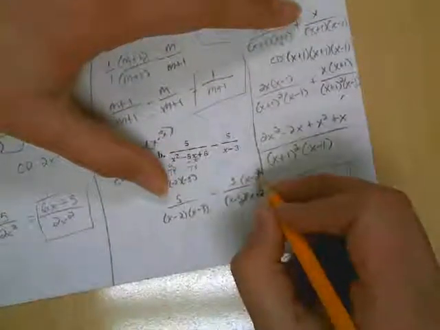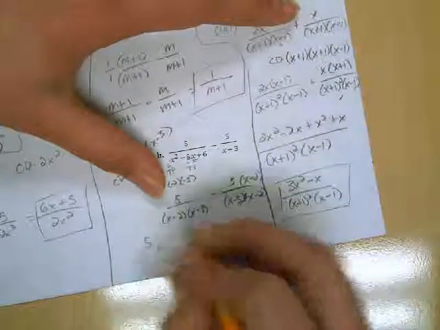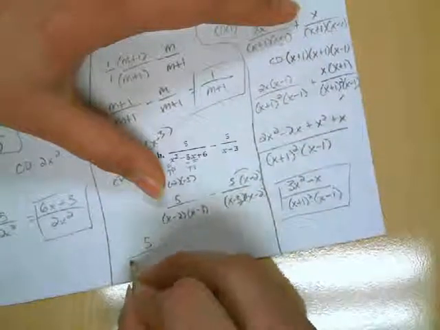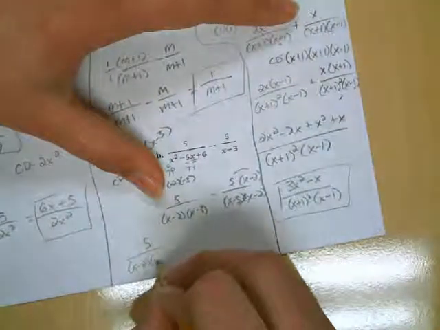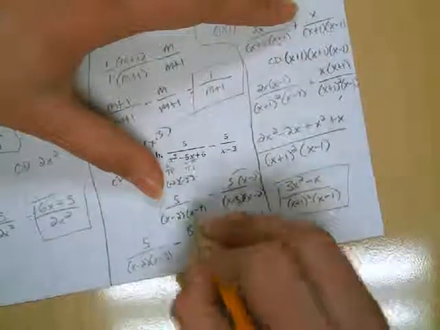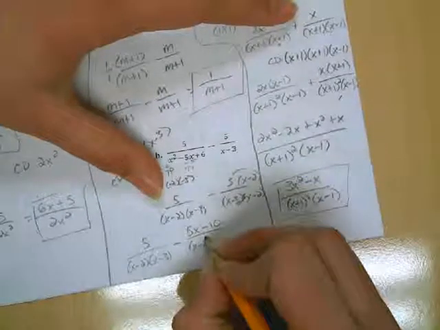Okay, we're going to distribute up here. 5, this is going to give me x minus 2, x minus 3, minus 5x minus 10 over x minus 2, x minus 3.